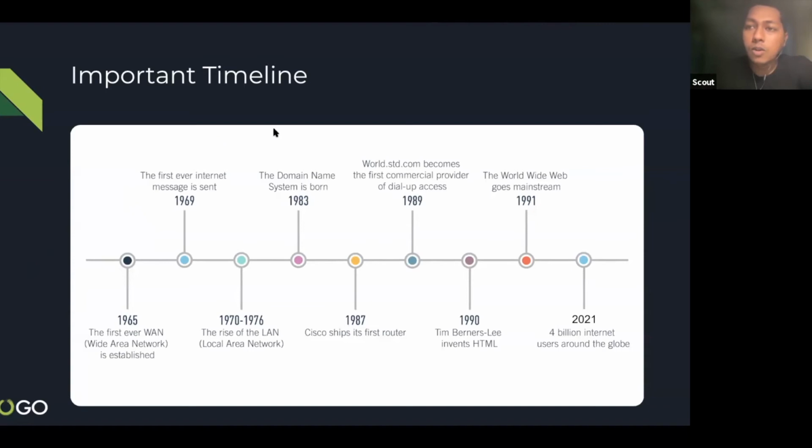So what is the domain name system? Anyone knows what the domain name system is? If you are a CS student, you should know, right? This is computer science networking. In networking, you have already learned it, right? Yes. So what is DNS? DNS means the domain name system.